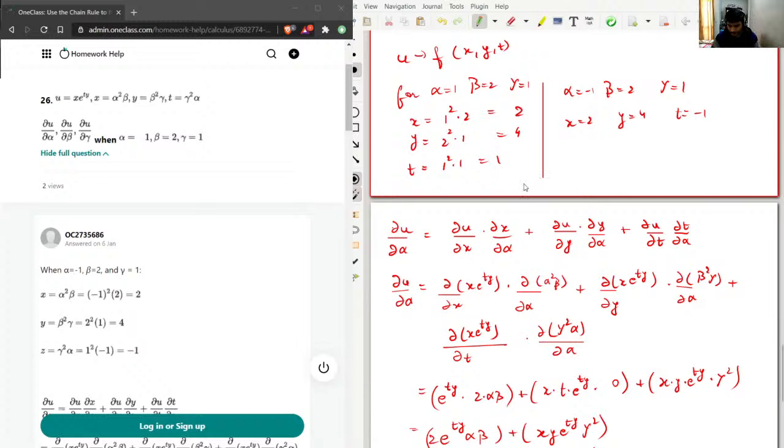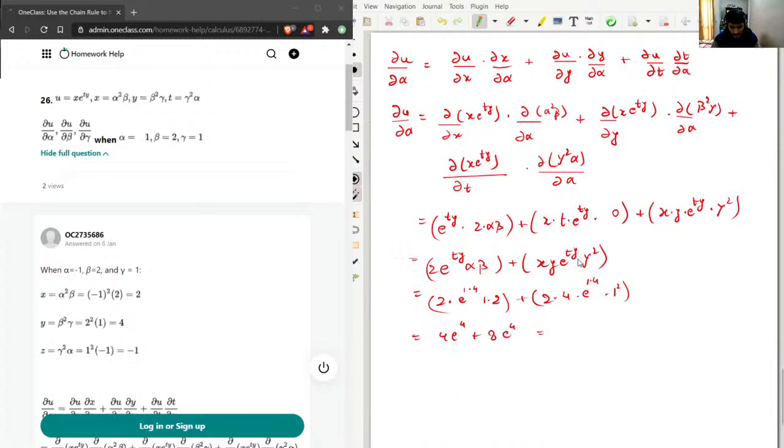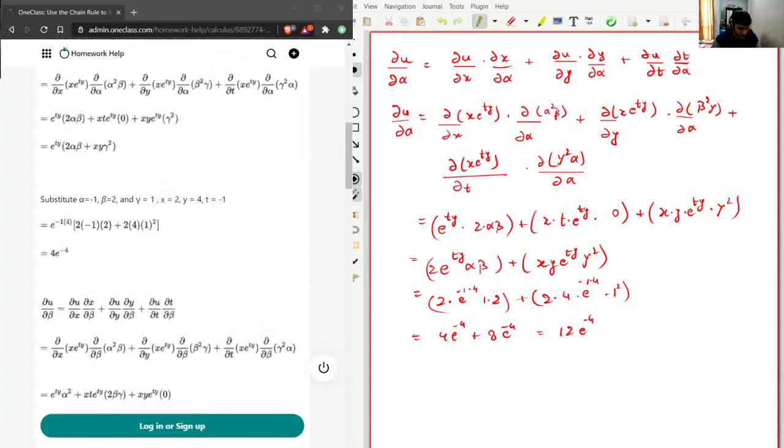Okay, so here I'll just correct this. This will be minus, and this will be minus, and 4 plus 8 will become 12 e power -4. I'll again just cross check with the solution given here. Okay, so I have to put the values also. So here I'll put alpha as -1. This will be -4.